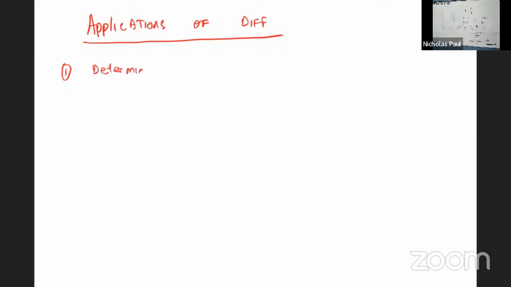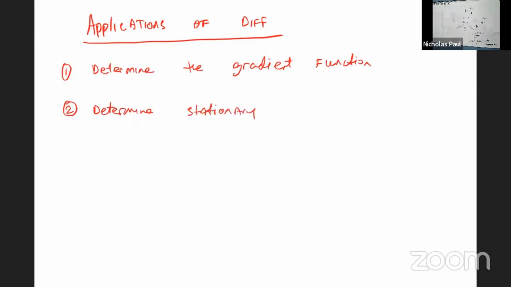used to determine the gradient function. Right. The second thing it's used for is to determine maximum and minimum points. Right.